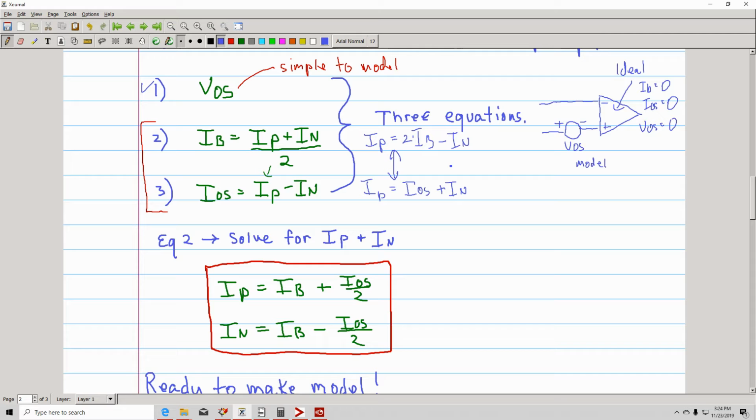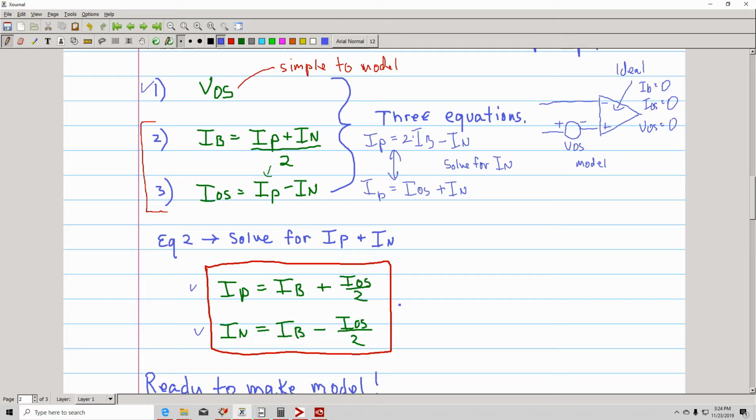Now you solve for IN, and you get that equation. And then you do the opposite. Then you solve for IN, and then solve for IP, and then you get this equation.